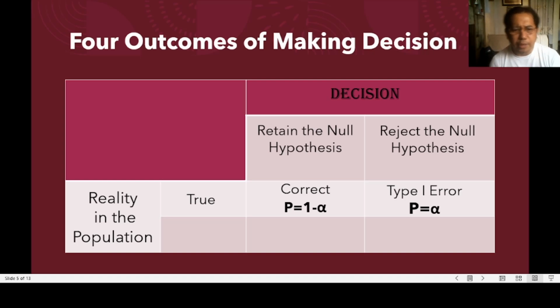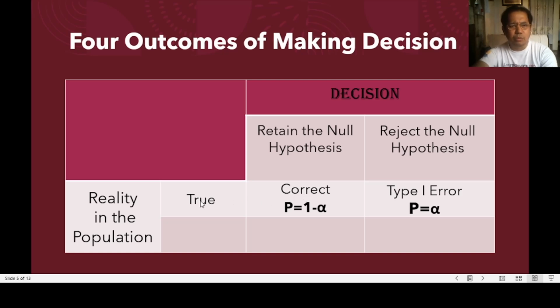Again, when we are talking of the null hypothesis, there are two realities. We can be committing a correct decision or an incorrect decision. If the reality about the population is true and we retain the hypothesis, then there is no problem. Our decision is correct.